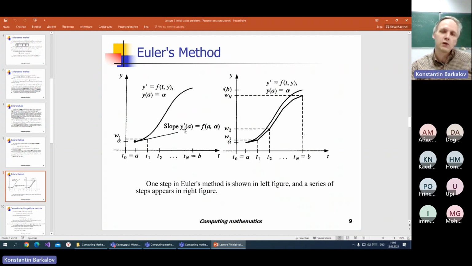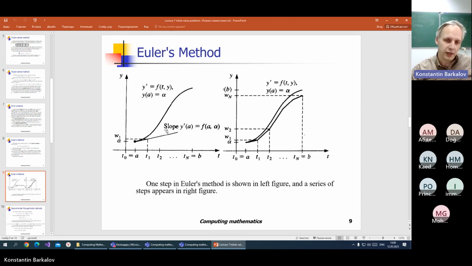The derivative y prime at the point A can be considered as the slope of the tangent line to this curve. We can draw this tangent line, the line with the slope f of a, alpha that equals y prime of a.